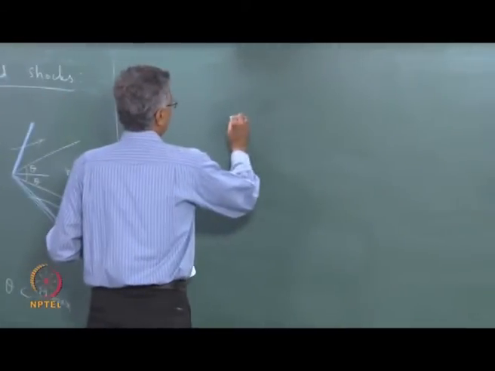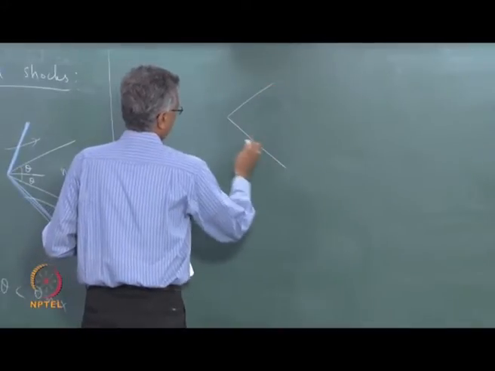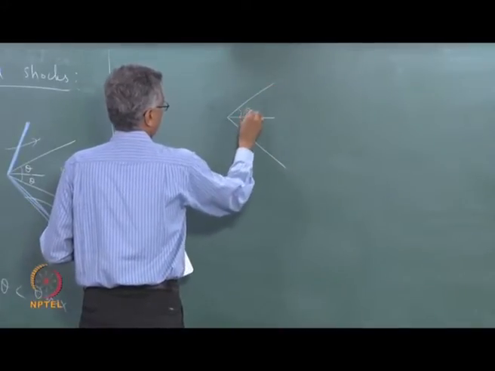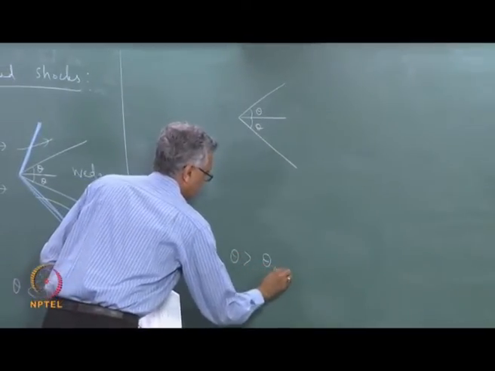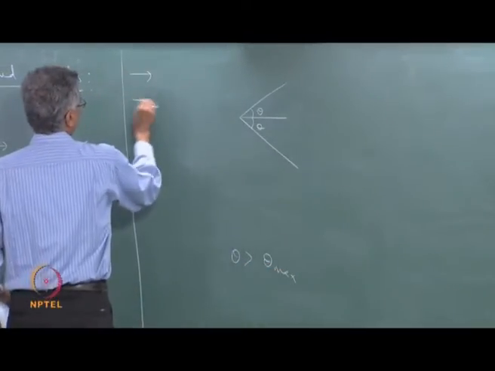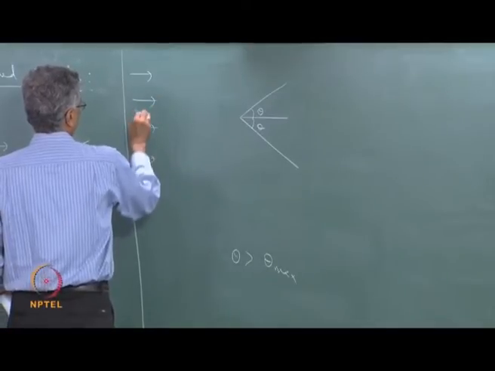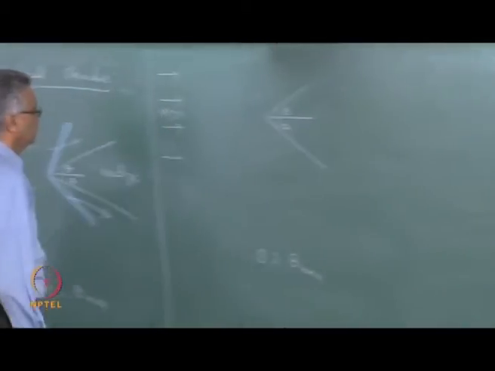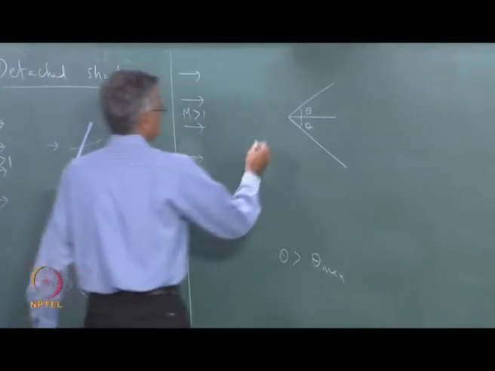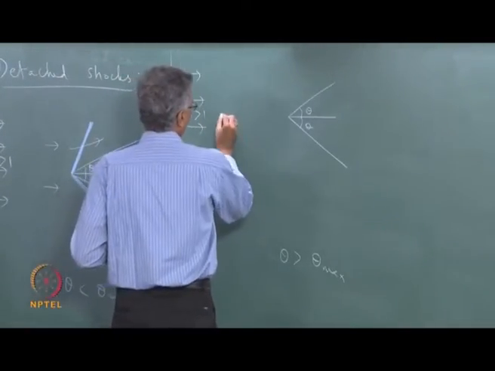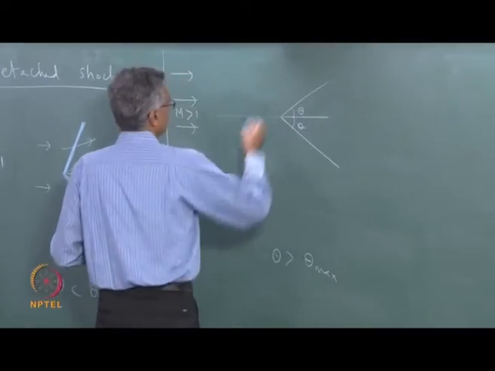So let us say that theta now is like this, greater than theta max corresponding to the free stream Mach number, which remains the same. So in this case the oblique shock becomes detached and it stands in front of the bluff body like this.